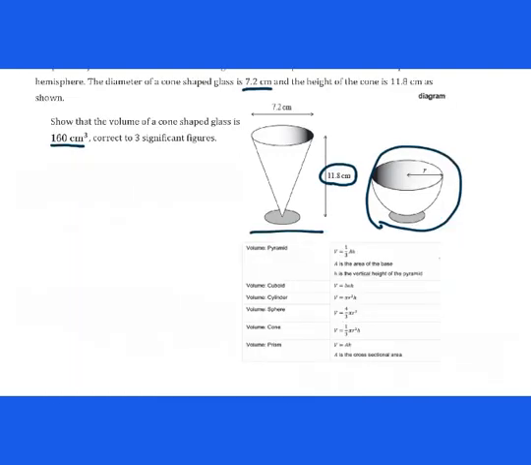From the formula chart, we can see the volume of a cone is this. So volume equals 1/3 pi r squared times the height. Then we plug in. You have 1/3 pi, the radius will be 7.2 over 2.